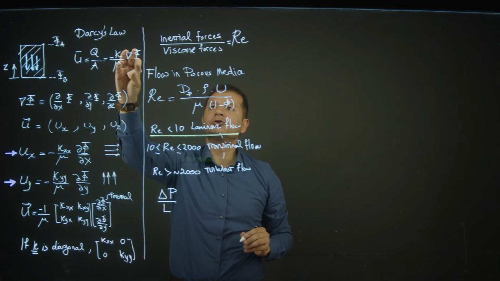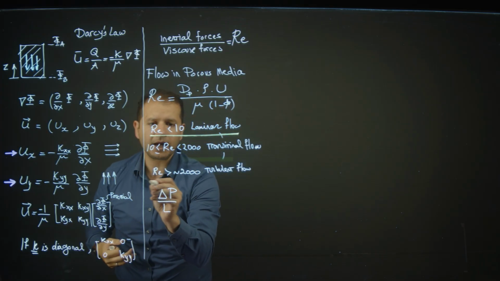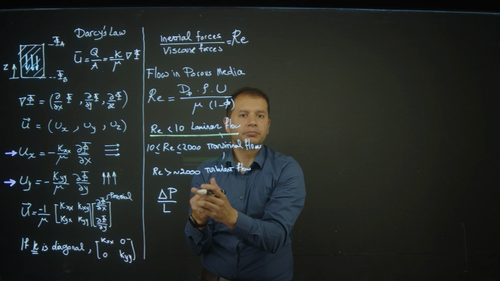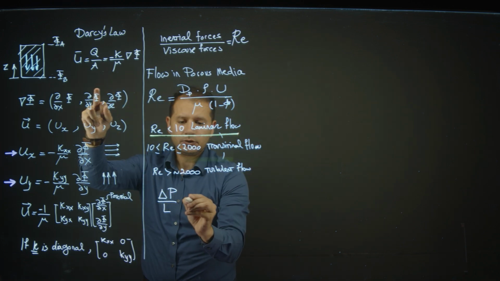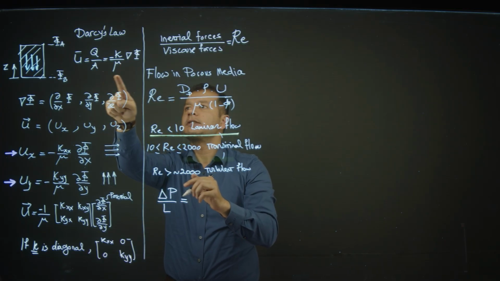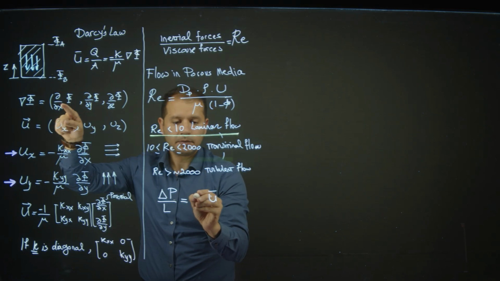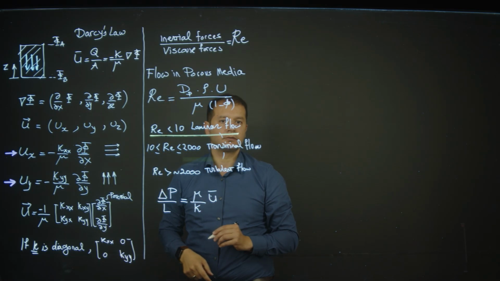That's the minus grad phi, a replacement of the minus potential gradient, or pressure gradient in this case. That is equal to, if I see my Darcy's law here, Darcy velocity, but also viscosity over permeability is the multiplier.